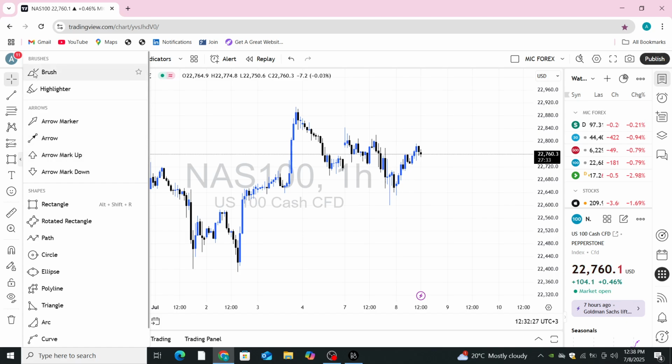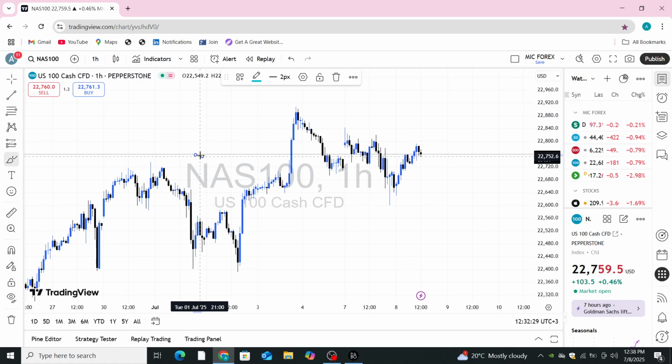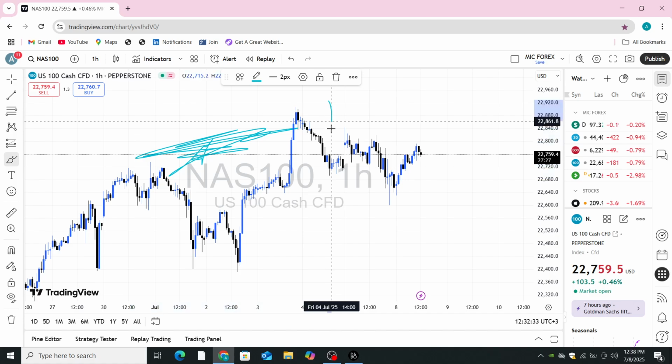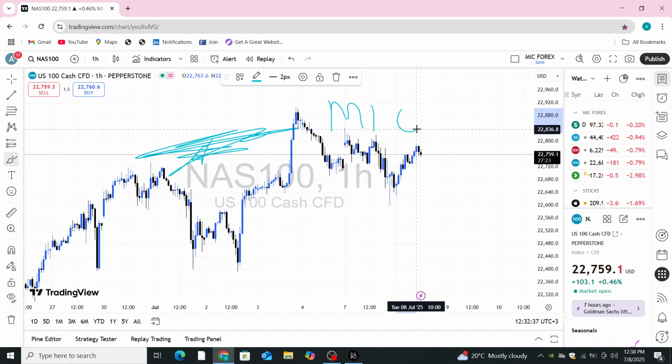Then we also have these tools. You can use the brush, something like this. If you just want to mark something, or if you want to write something, for example, I can write for you M.I.C forex, like that.